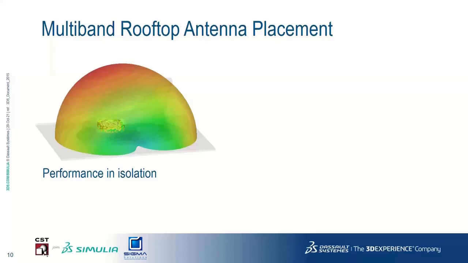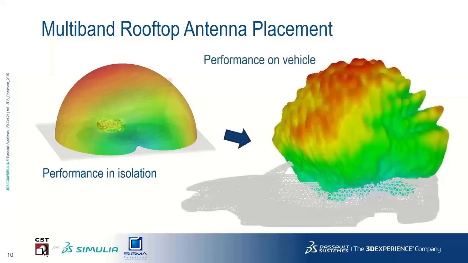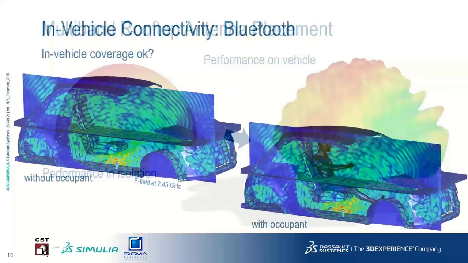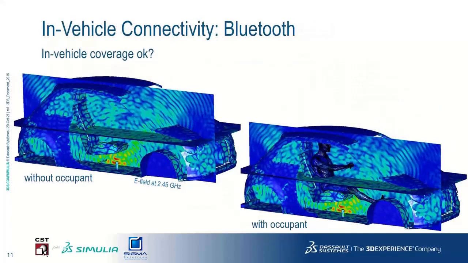Here we see the antenna by itself only, but look at the radiation pattern if we put the antenna on the car. It's quite different, and this is important to notice. This is why you should always try to include as many details as possible when you do any kind of simulation, in fact.